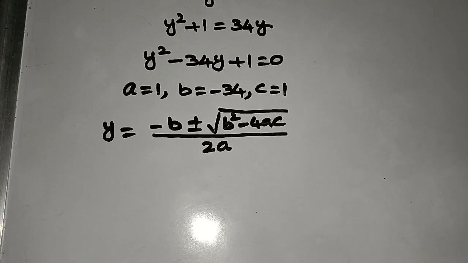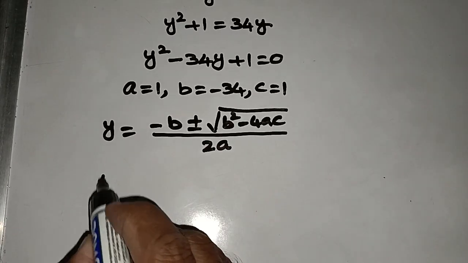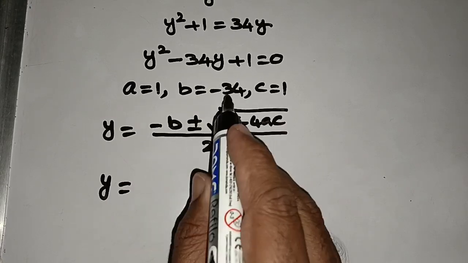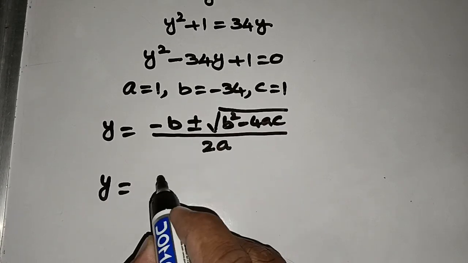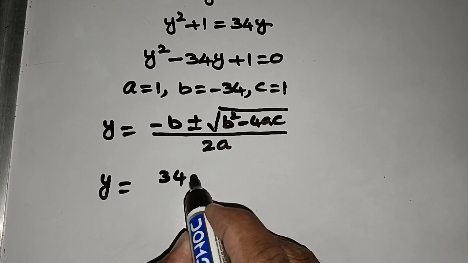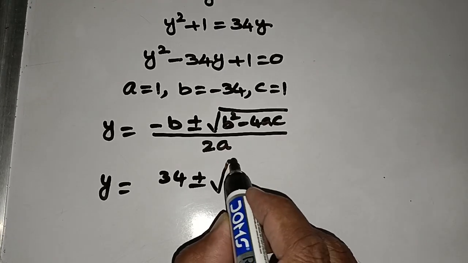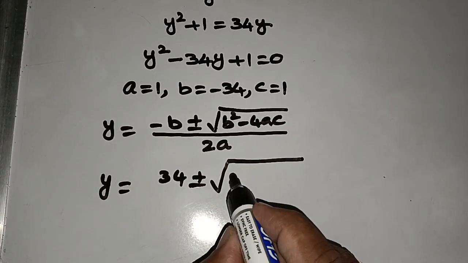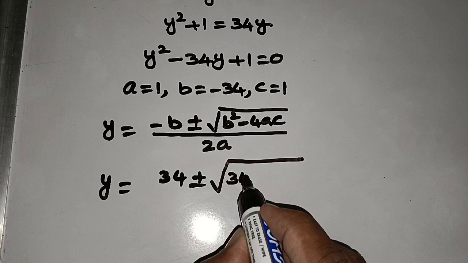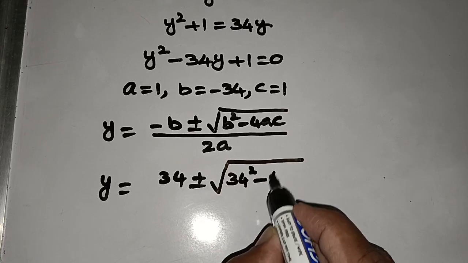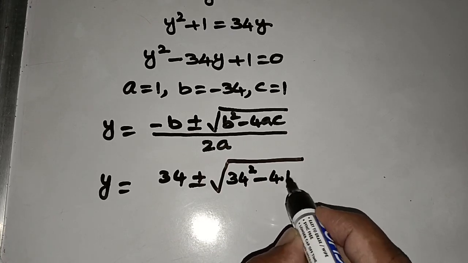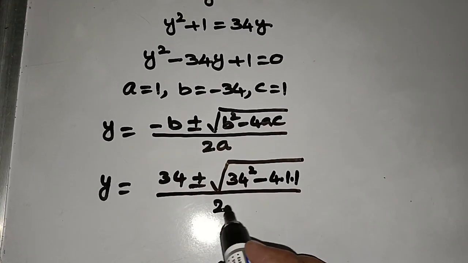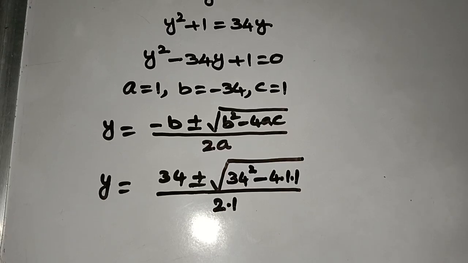Applying this here, minus of minus 34 is plus 34, plus or minus the square root of 34² − 4 times 1 times 1, divided by 2 times 1.